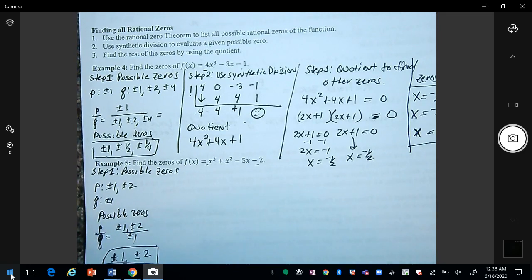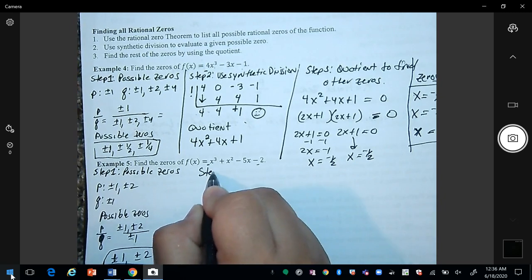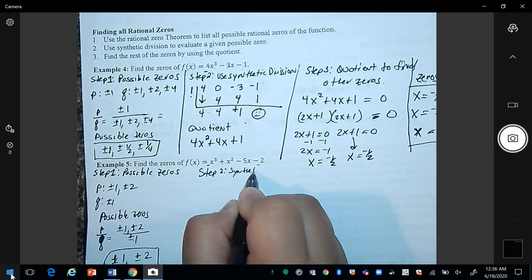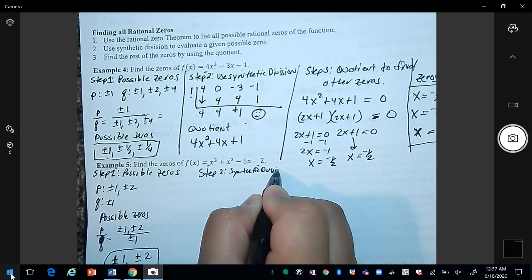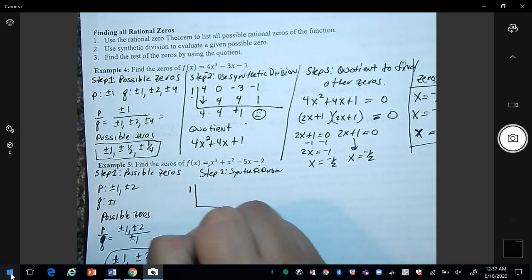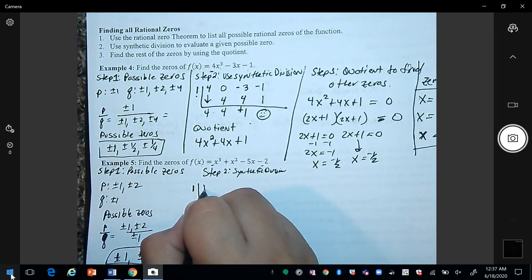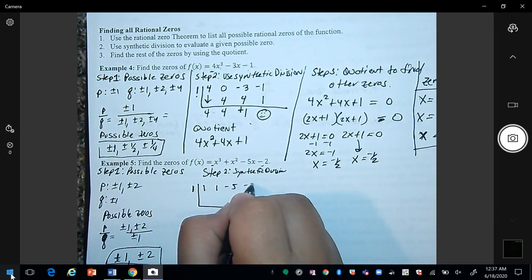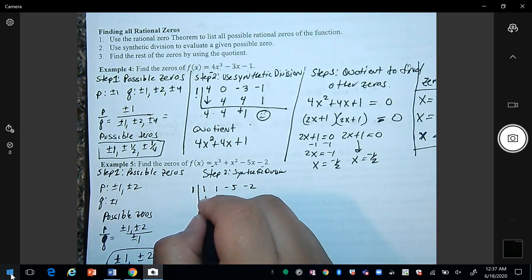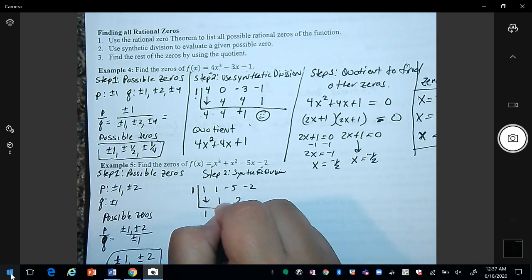Okay, so now we go on to step 2, and we test using synthetic division. Again, I always like to try 1. Bring down the 1. 1 times 1 is 1. 1 plus 1 is 2. 2 times 1 is 2.